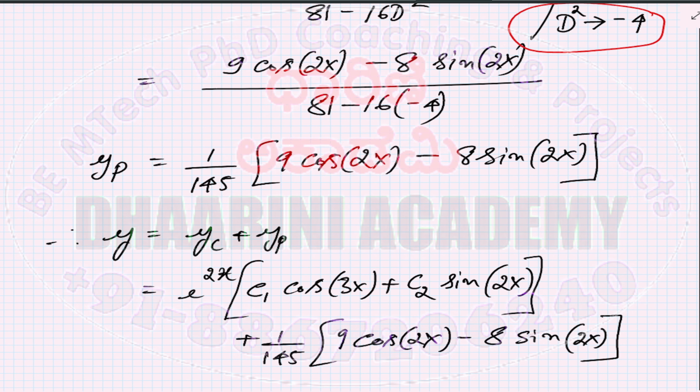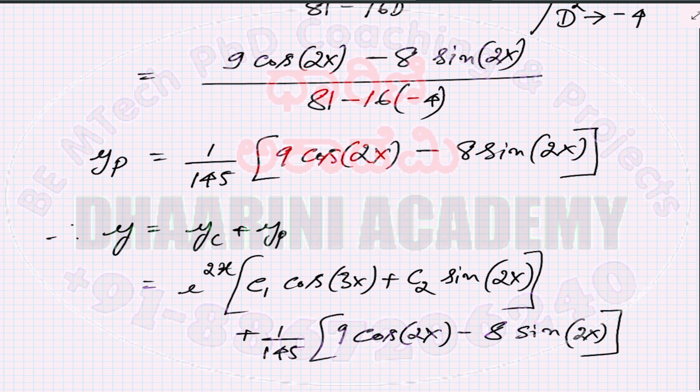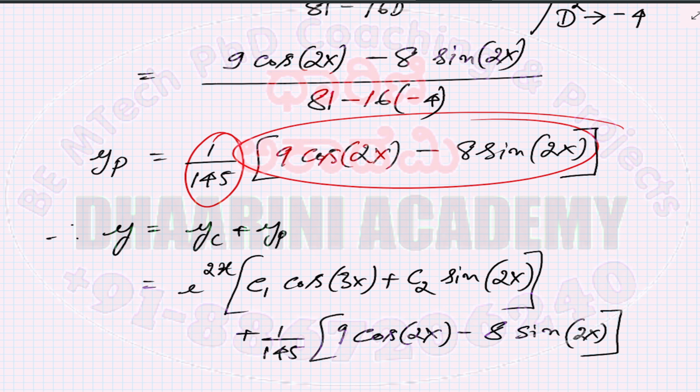There is no other term containing D in my equation. So D square is minus 4. There was a 16D square, so look at this, 16D square is replaced by 16 into minus 4. So 81 plus 64 is 145. I'll take the 145 outside as 1 by 145, remaining terms as they are. So that is yp.